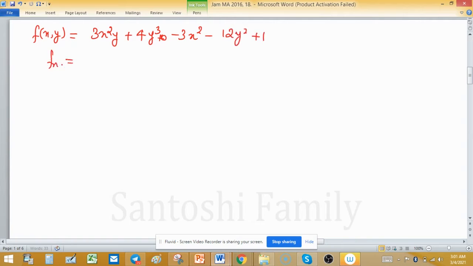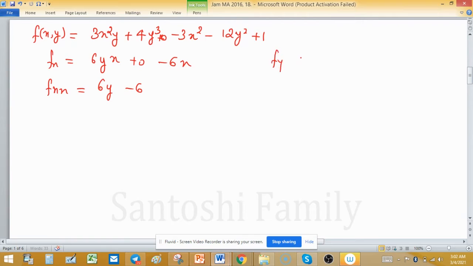So the first partial derivative with respect to x, fx, will be 6xy plus 0 minus 6x and again 0. Fxx will be 6y minus 6.